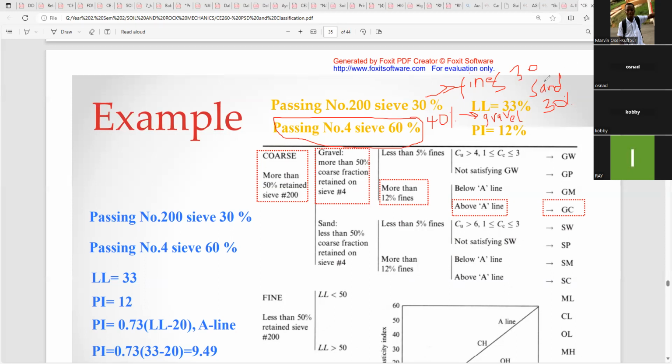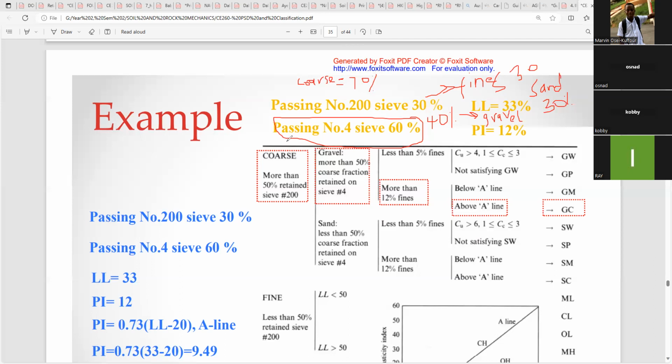Okay, fine. So this is the information we have. And what is our coarse? Our coarse fraction or coarse percentage? 70%. Okay. So let's move on.